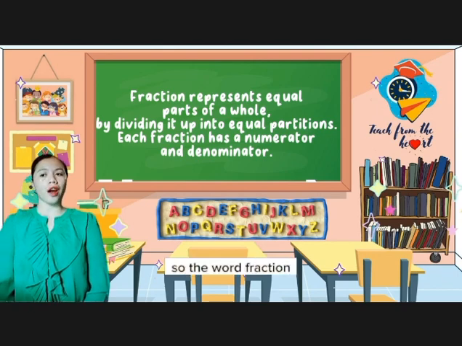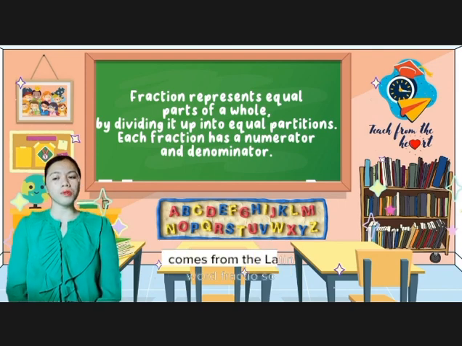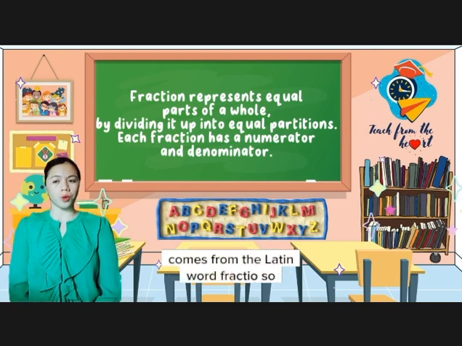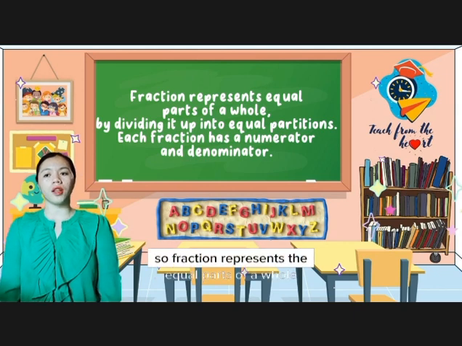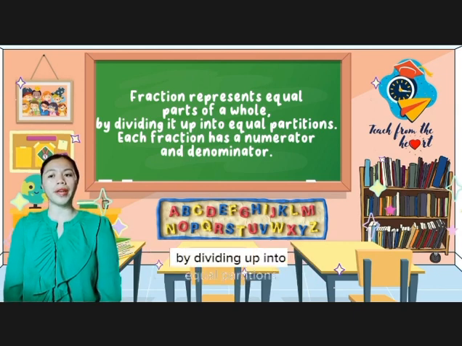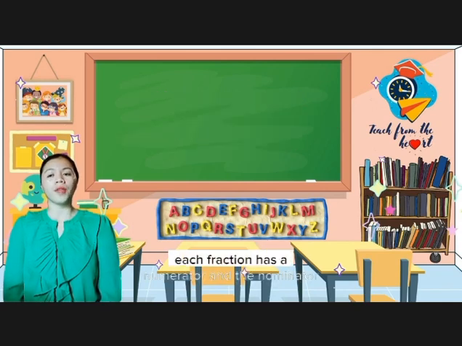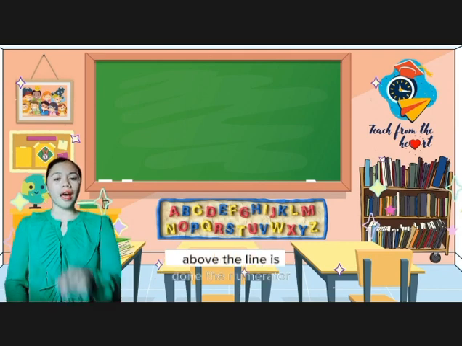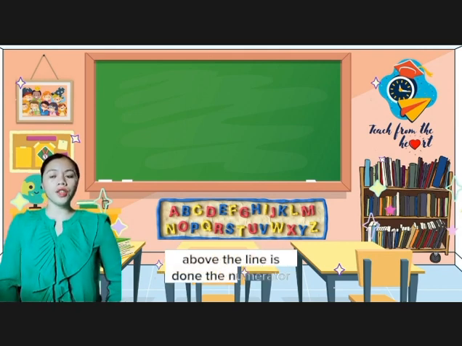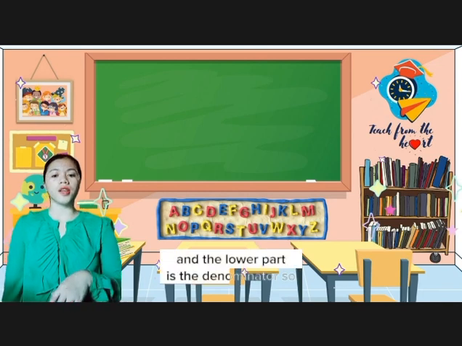The word fraction actually comes from the Latin word fractio. Fraction represents the equal parts of a whole by dividing it up into equal partitions. Each fraction has a numerator and denominator. The number above the line is the numerator and the lower part is the denominator.